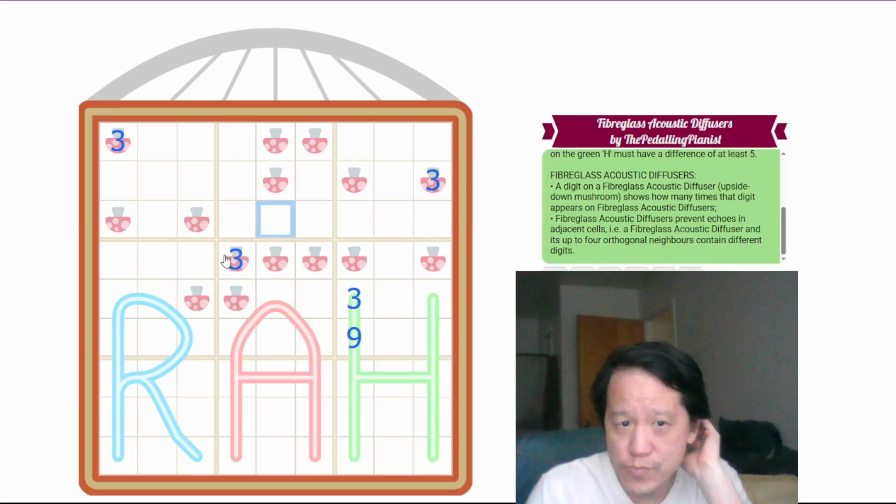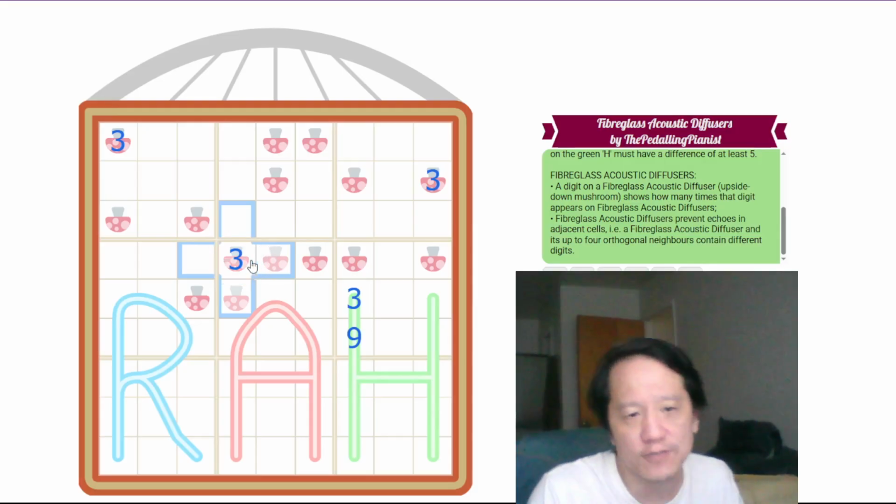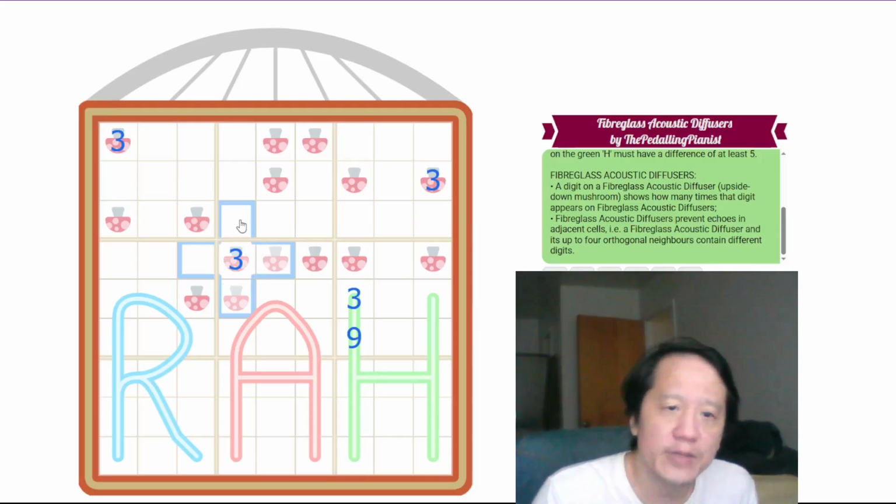Also, every Fibreglass Acoustic Diffuser and its 4 orthogonal neighbors must contain different digits. So that means these different digits have to be different from all of these. This digit cannot be the same as any of these digits for any acoustic diffusers.